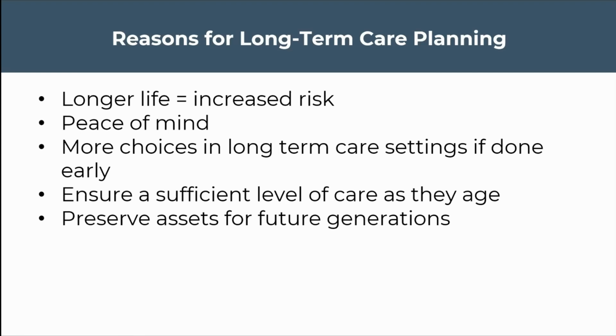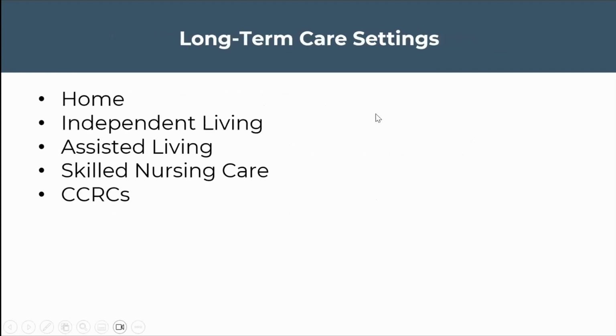Just know that. So, long-term care settings. This is in sort of a particular order. Obviously, the home is the big one that everybody wants to be taken care of and die in their own home. Not always possible, and it's very expensive sometimes. Independent living is usually in a facility that has either assisted living or skilled nursing care in the same facility, but they don't always have that.